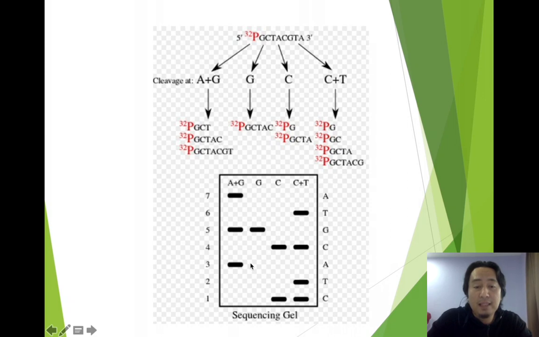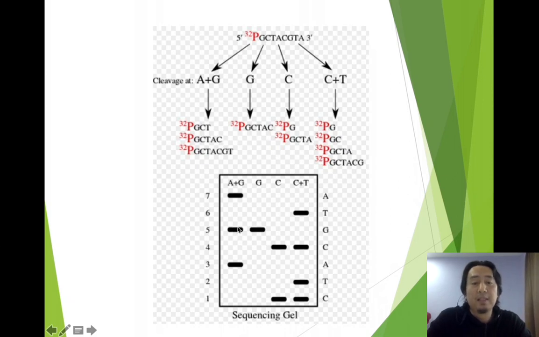If there is a band here, it confirms G. If there is no band here, it confirms this one is A. So this one is A, and this one is the same as this one, C. This one is an example of G.